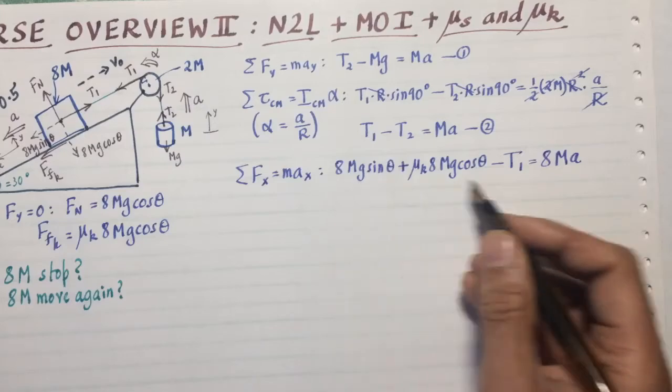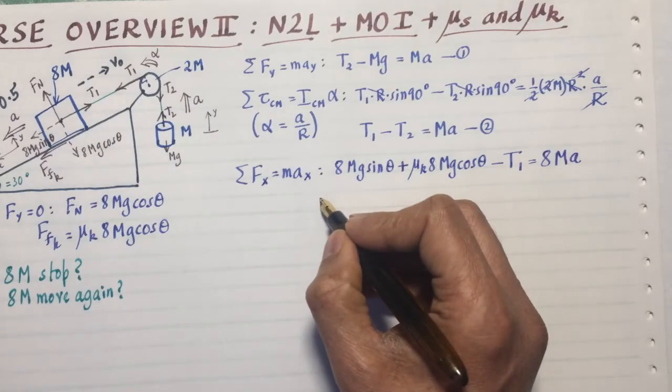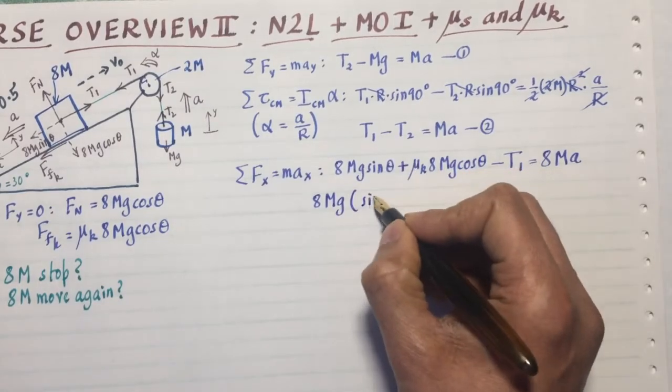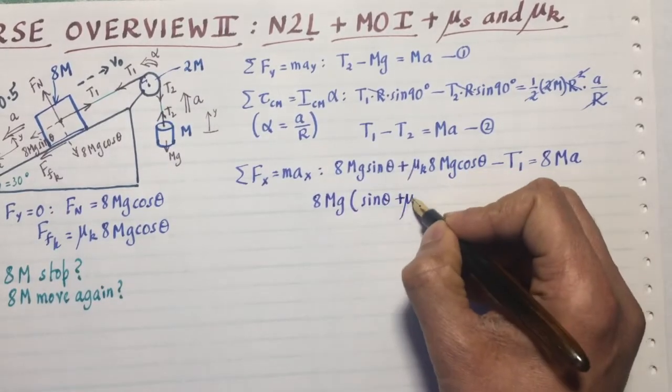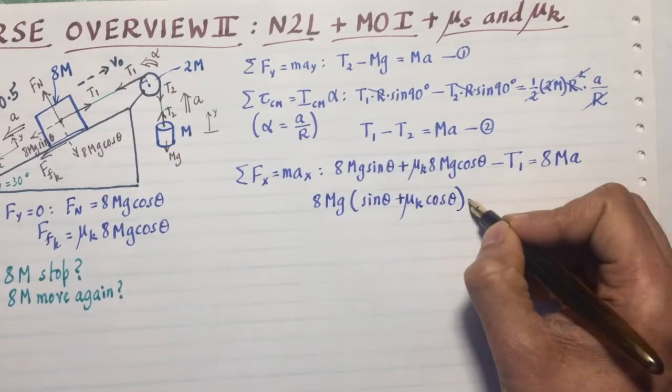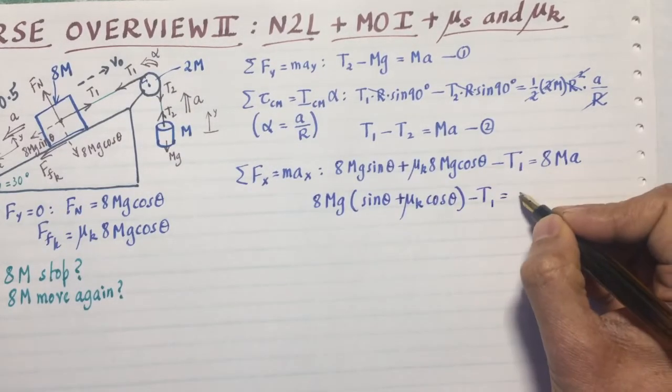And I think I can make one more simplification before calling it equation 3. So I can take 8mg outside common, and then I get sine theta plus mu kinetic cosine theta, minus T1 equals 8ma.